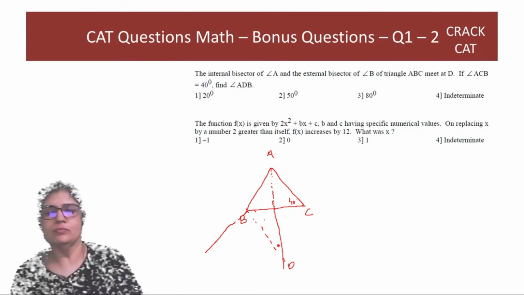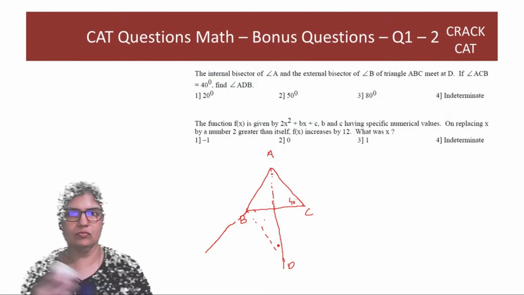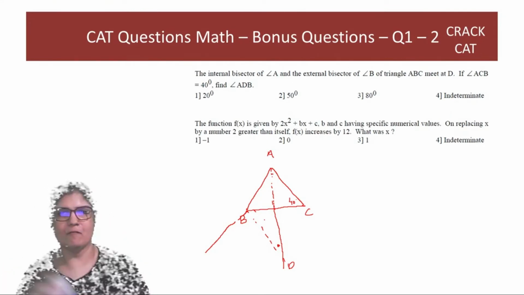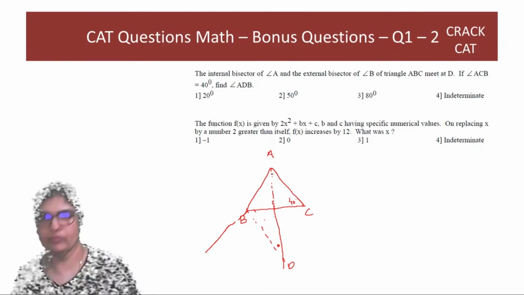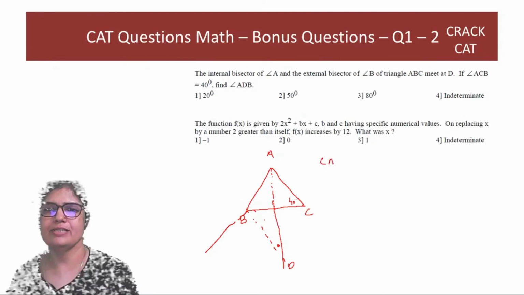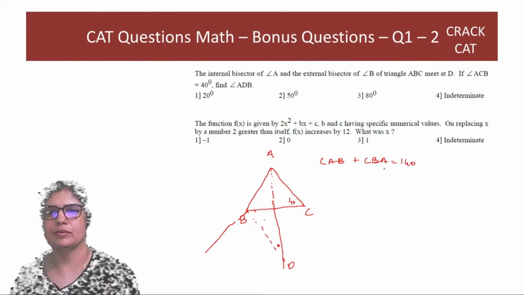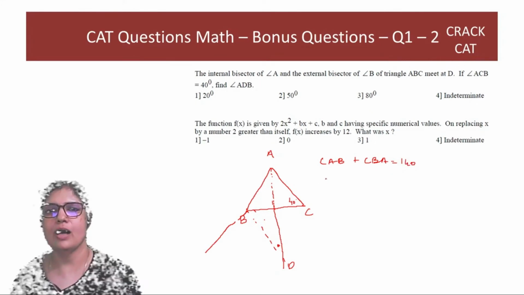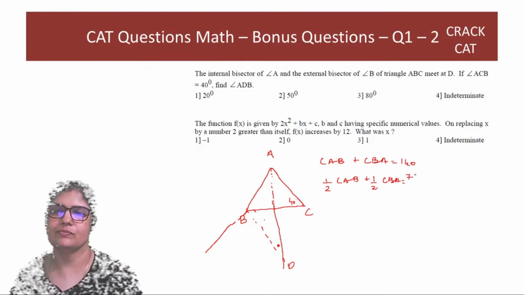Okay, so angle A, right, which is CAB plus CBA must be 140. So half of CAB plus half of CBA must be 70.